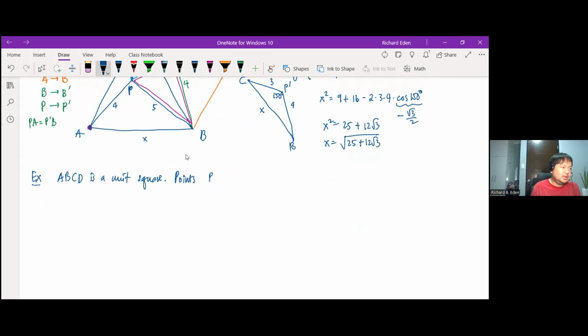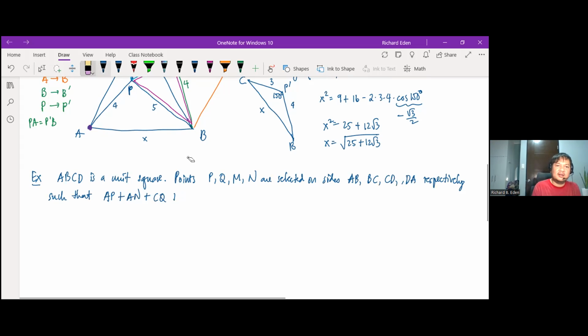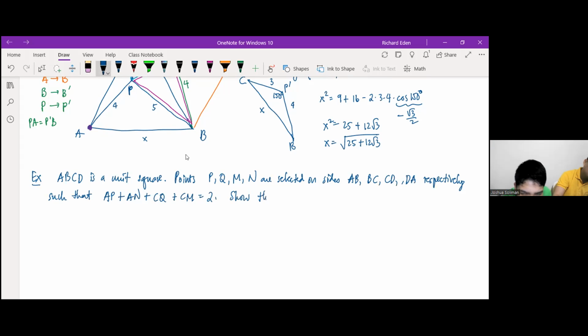Points P, Q, M, N are selected on sides AB, BC, CD, and DA respectively, such that AP plus AN plus CQ plus CM equals 2. Show that PM and QN are perpendicular.